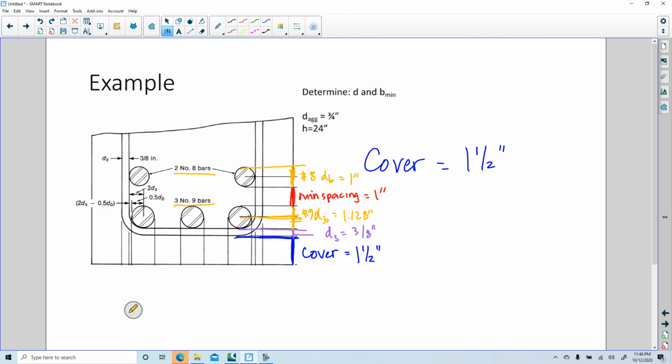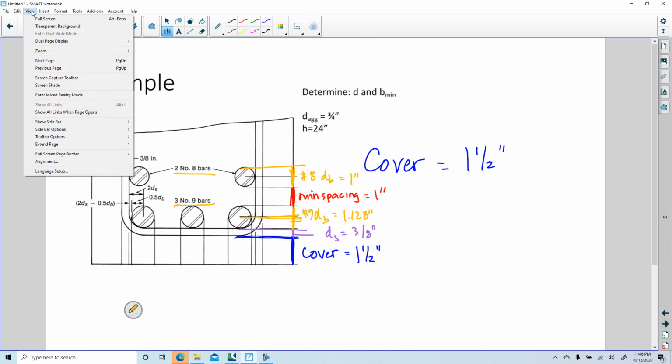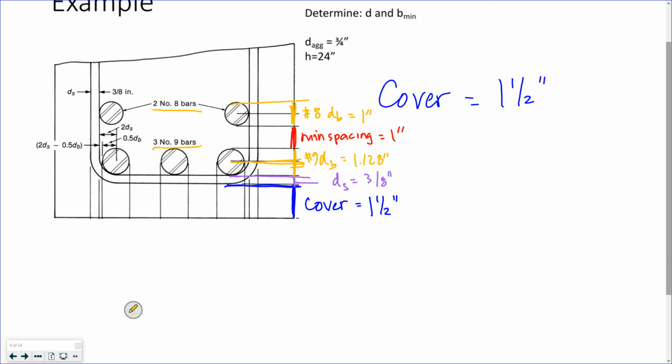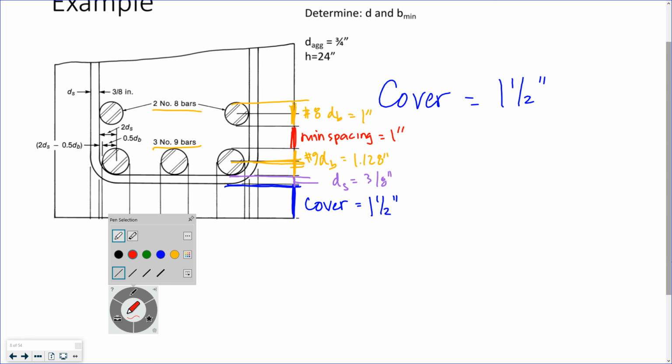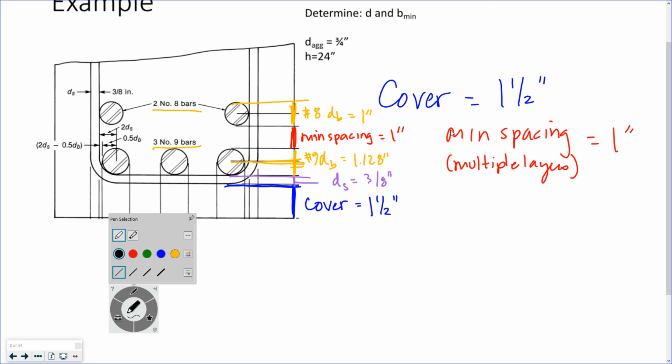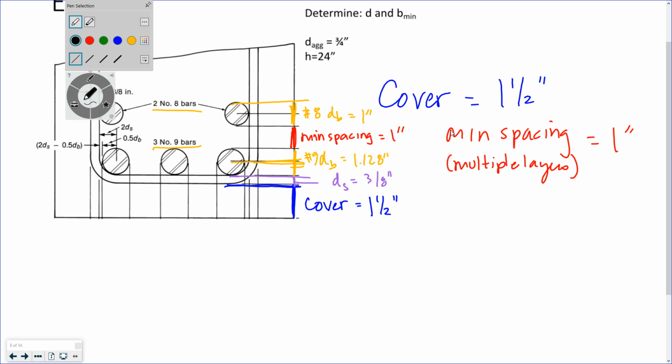So now I want to figure out, I'm going to measure from the bottom.